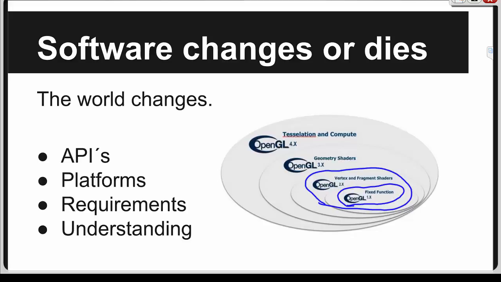We also have new platforms. You've probably heard that the web is a platform, but we also get new ways of interacting with applications. So an application that was totally fine is suddenly outdated just because we cannot interact with it the same way as we used to, or we would like to interact with it in new ways.